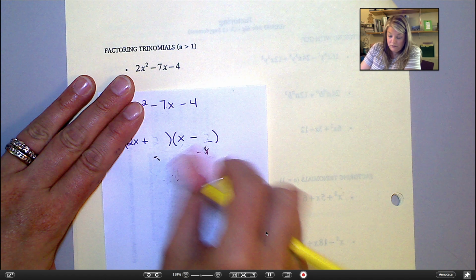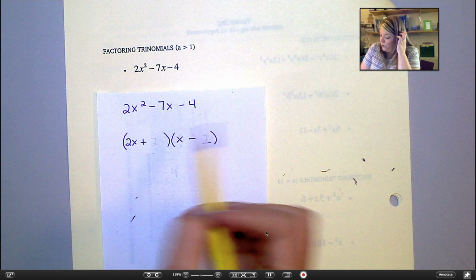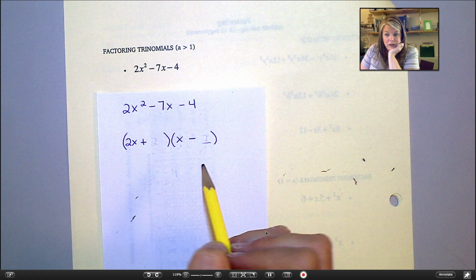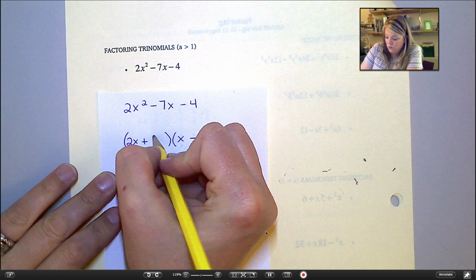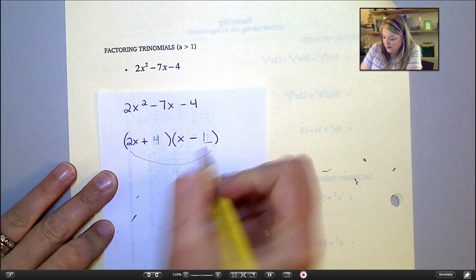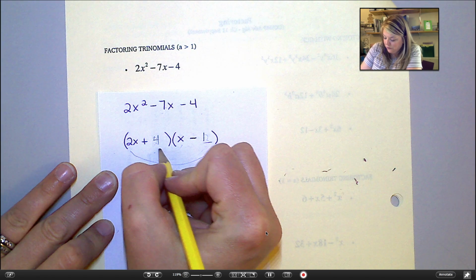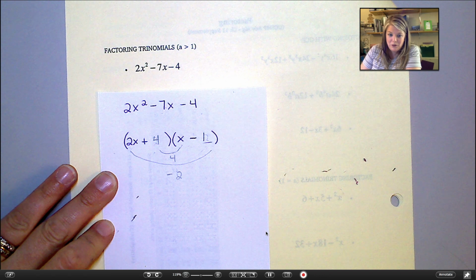Had to use pencil when you did these problems. So then I see, what else could make 4 if 2 and 2 is not the correct answer? It could be a 4 and a 1. When I multiply here, I get a negative 2 and a positive 4, and that still doesn't give me that negative 7 that I'm looking for.